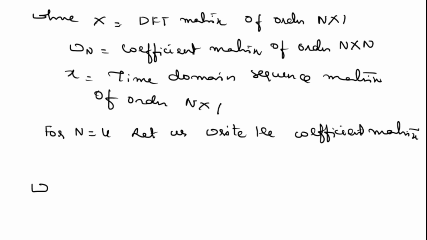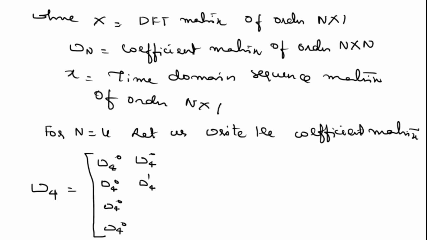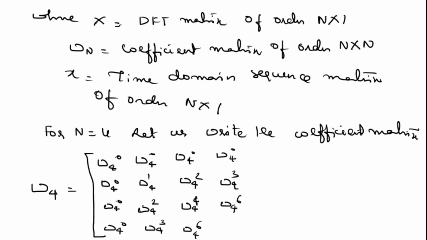Generally we can write omega 4 as: omega 4 of 0, omega 4 of 0, omega 4 of 0, omega 4 of 0; omega 4 of 0, omega 4 of 1, omega 4 of 2, omega 4 of 3; omega 4 of 0, omega 4 of 2, omega 4 of 4, omega 4 of 6; omega 4 of 0, omega 4 of 3, omega 4 of 6, omega 4 of 9. This is the coefficient matrix.